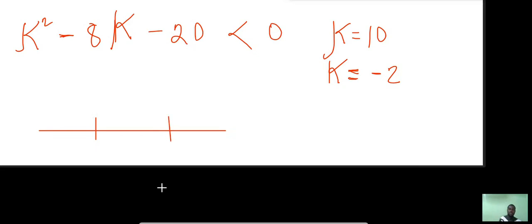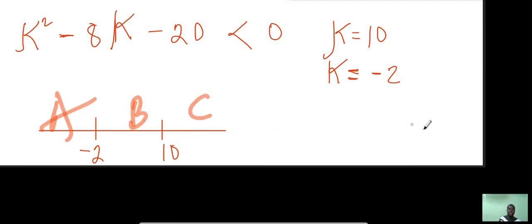That will help to determine the region satisfying the inequality. Negative 2 will be to this side of the number line, 10 will be here. So we have 3 places we can test: A, B, and C. I like to carry out my test from the middle.